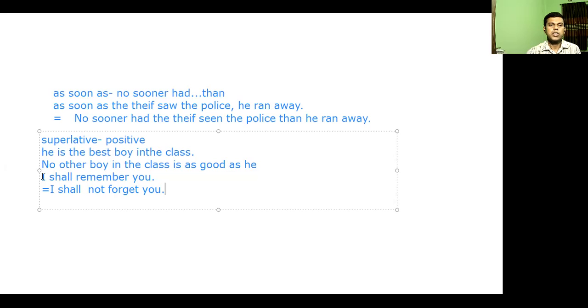For transformation, only the form will be sensed. No meaning will be sensed. "I shall remember you." That means "I shall not forget you." The meaning is same, but the format is different.